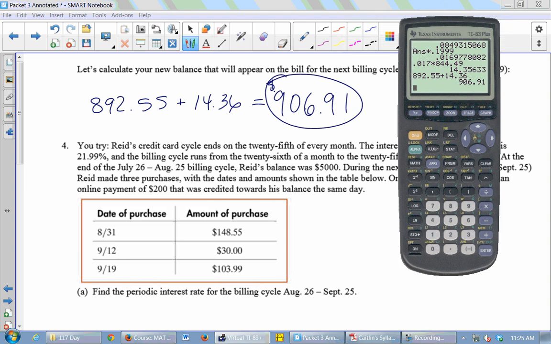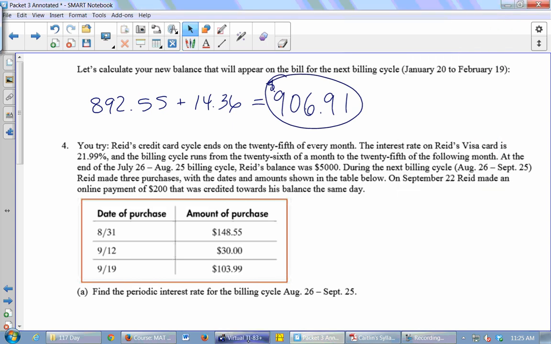All right, good. No, that's okay. No, I'm glad you pointed it out. That's good. 5 cents off, yeah.